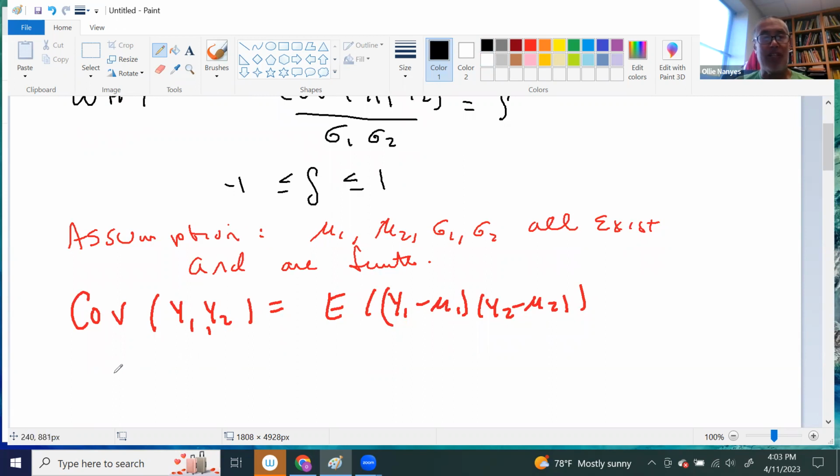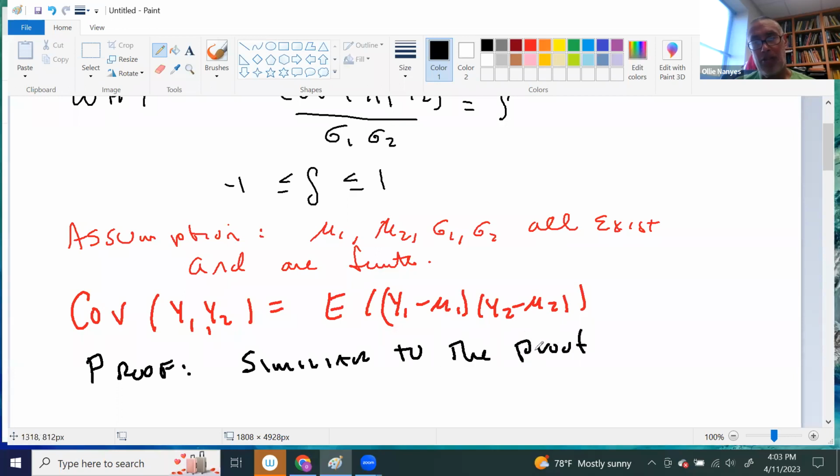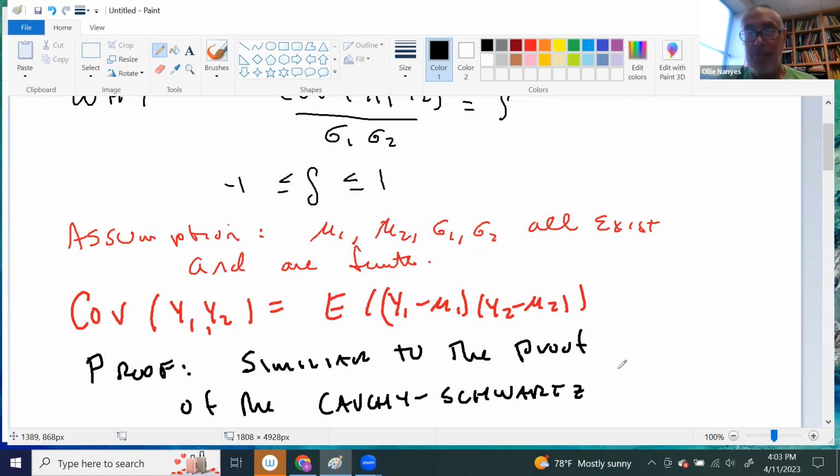The proof of this is extremely similar to the proof of the Cauchy-Schwarz inequality.